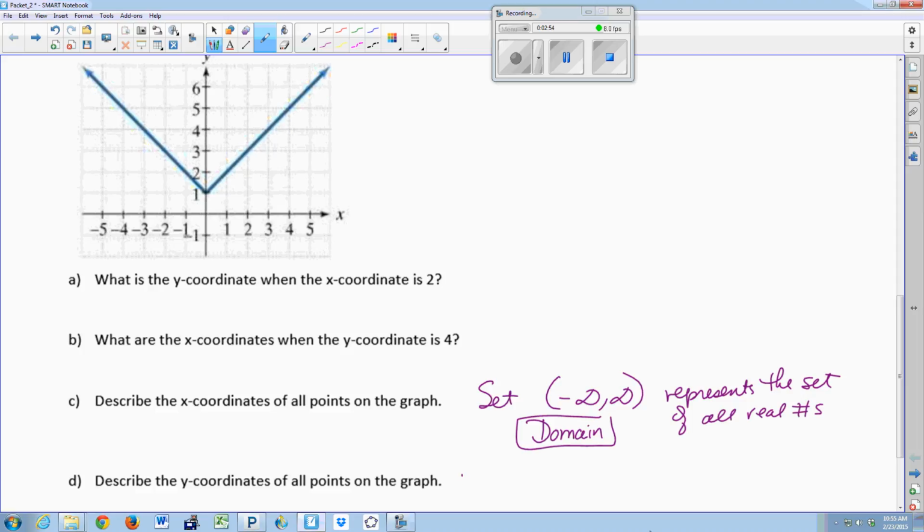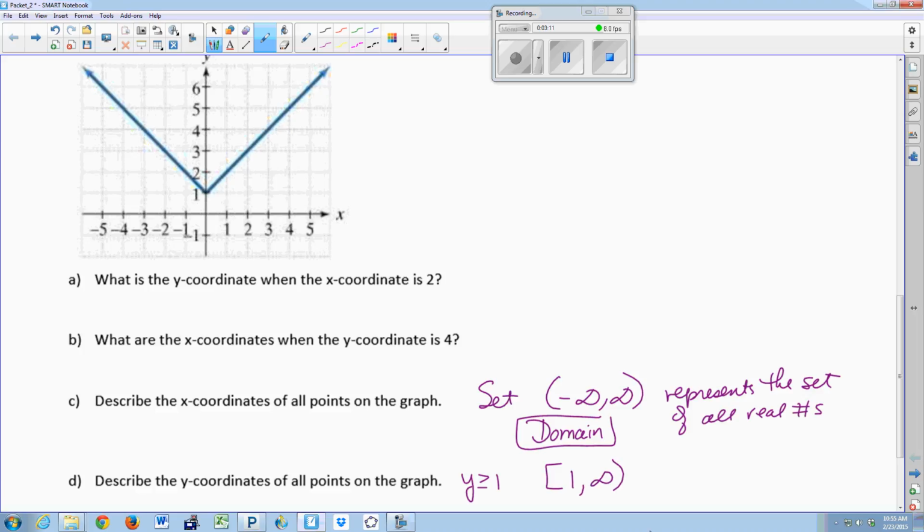And then many of you described the set of all your y coordinates by doing this. y is greater than or equal to 1. And in interval notation, we represent that, since 1 is included, we use our staple, formerly known as the bracket, with a 1. And there's no end. It goes to positive infinity.